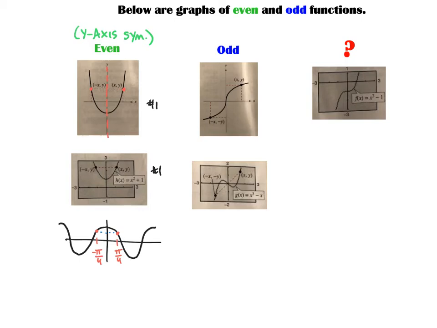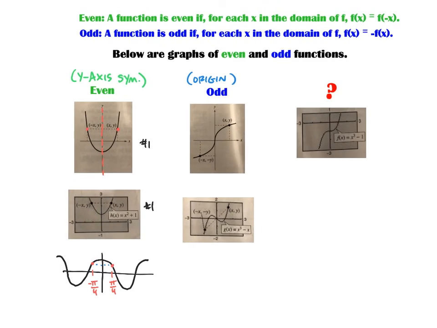Okay, let's shift our attention over to the odd function, which is said to have origin symmetry. Let's zoom back out here. A function is odd if for each x in the domain of f, f of x is equal to -f of x. Notice the slight difference between even and odd when it comes to the right side of that equation.